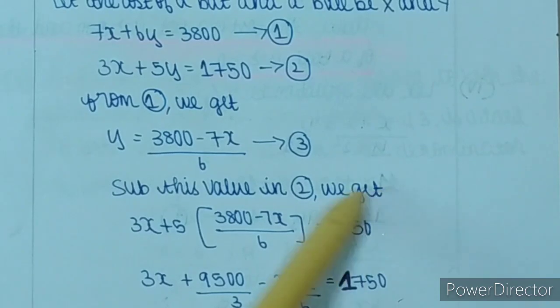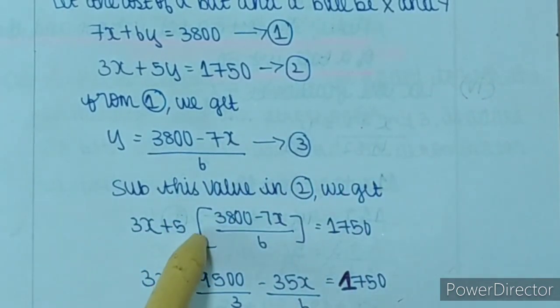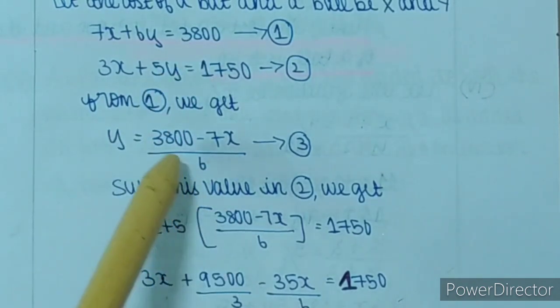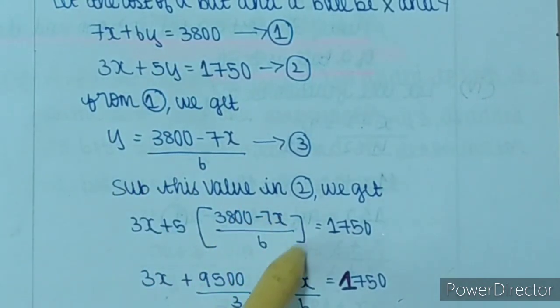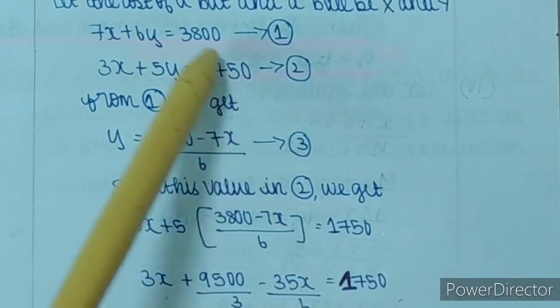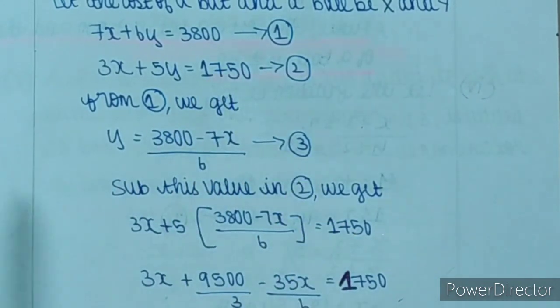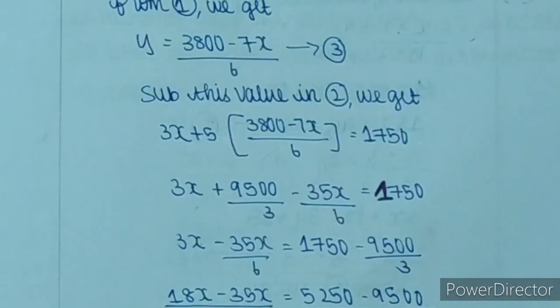So, when we substitute this value in the second equation, we get 3x plus 5, in the place of y, into 3,800 minus 7x by 6 is equal to 1,750. Solving it further, we get 3x plus 9,500 by 3 minus 5 7s are 35x by 6, which is equal to 1,750.